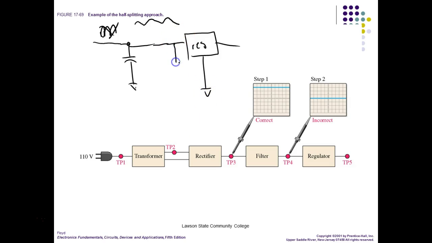Sometimes we have some pre and post capacitors right here, but these capacitors are not real big. This is to filter out the noise that the regulator generates. The regulator is constantly trying to do what? Maintain an output, and it can literally generate noise itself. So normally we have a pre-filter and a post-filter, but these are small.